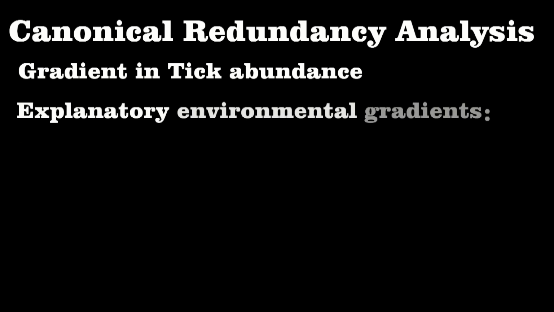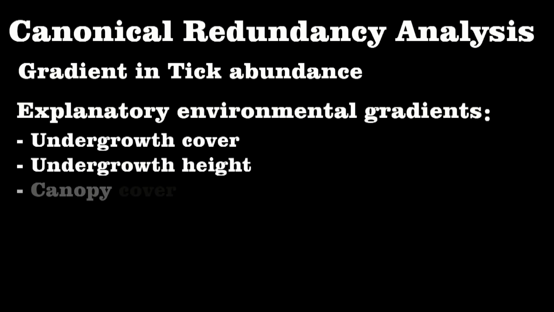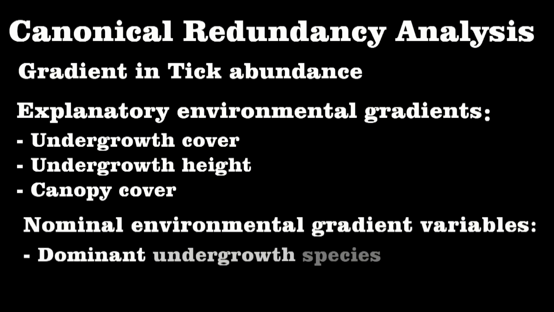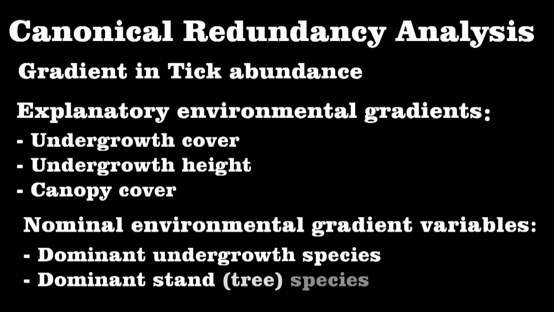The undergrowth covers, undergrowth height and canopy cover are used as explanatory environmental gradients. Furthermore, dominant undergrowth species and stand species are used as nominal environmental variables. The number of ticks were log transformed in order to reduce the large variation.